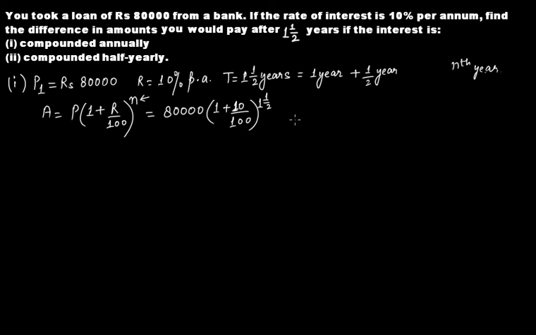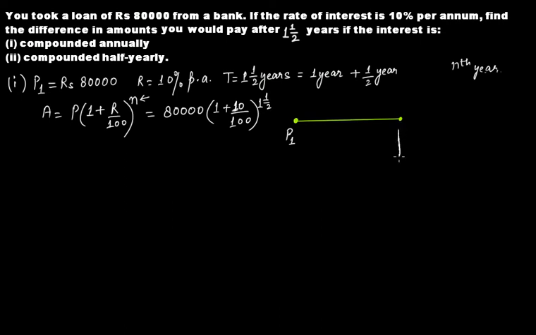Suppose today you took the loan, and this is the loan P1. So at the end of 1 year, here at this point, what will be the amount at this period?